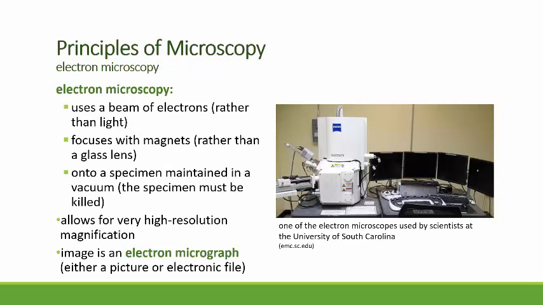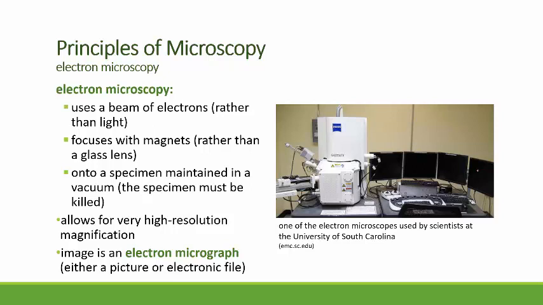So that's when we turn to tools like the electron microscope. Rather than using light, electron microscopes focus a beam of electrons on their subject, and rather than focusing them with glass lenses like we do in light microscopy, you use magnets, because electrons have a negative charge, and magnets can be used to focus them, to force them to cluster together, even though they have negative charges that are working against that clustering.